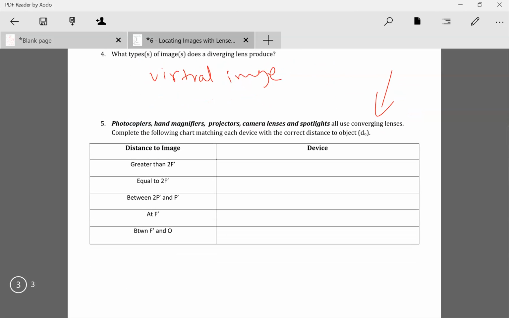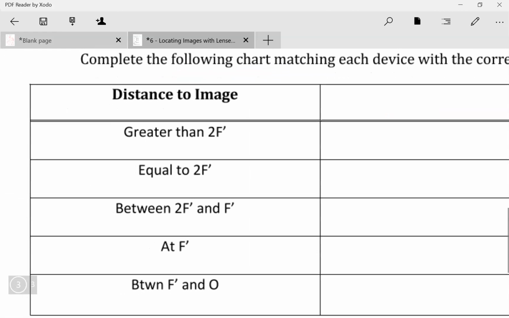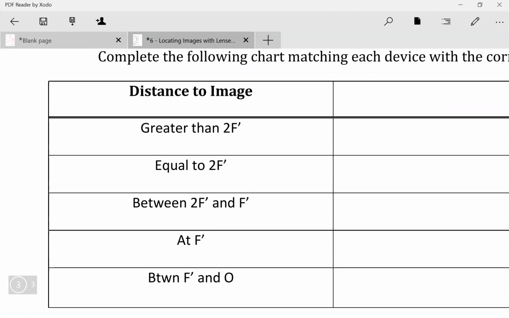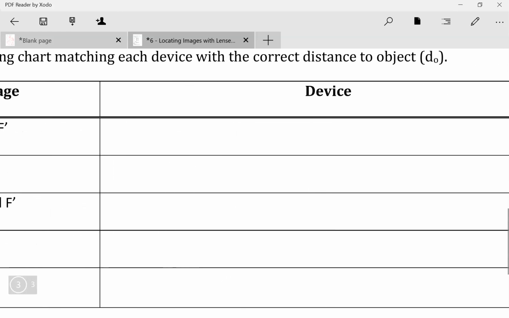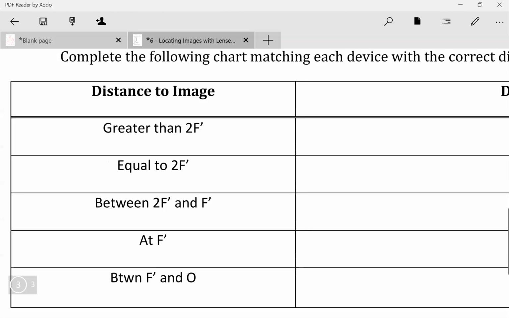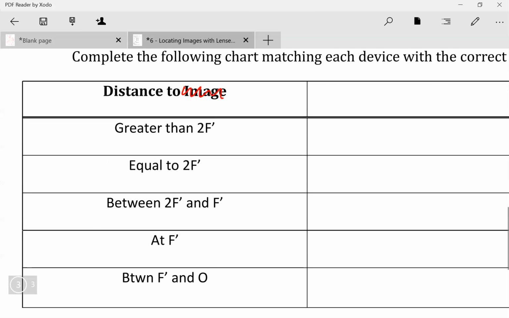So we'll just fill this in first. We know that if the distance to object, I think this should really say distance to object, is greater than 2f, we produce a diminished real image.